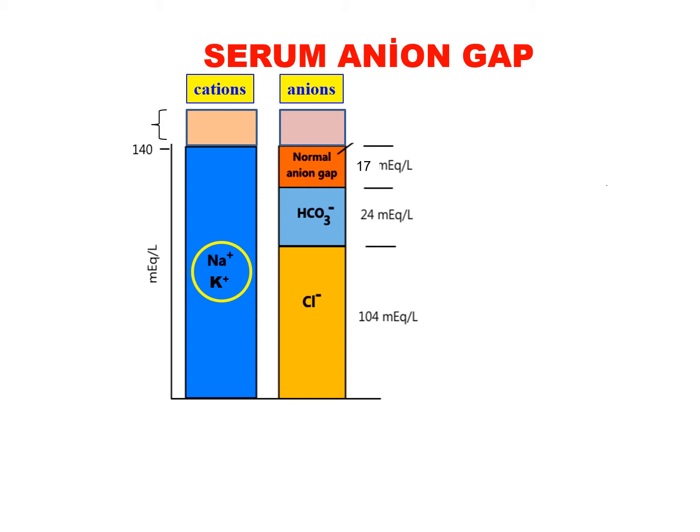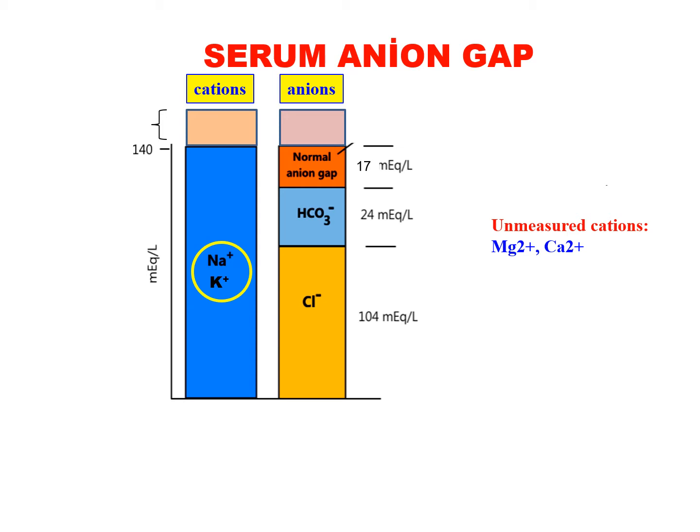Together, these constitute 90% of serum cation. Then there are some other cations which are lower in concentration and hence constitute unmeasured cations. These are, for example, magnesium and calcium.